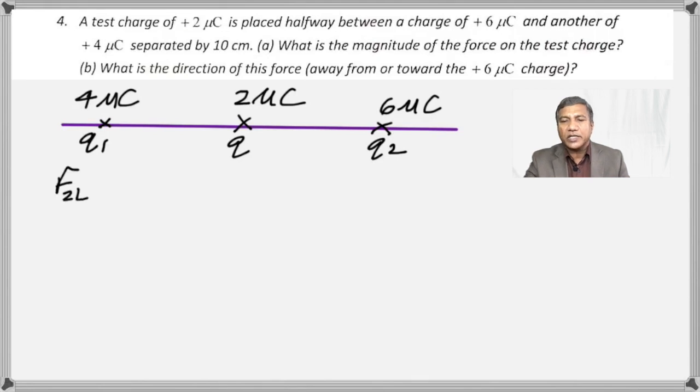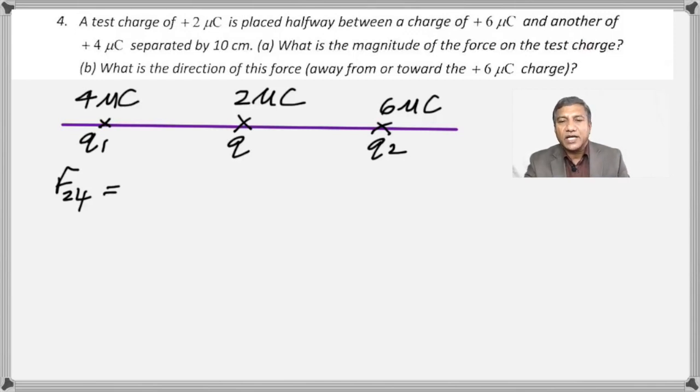So now when I write F 2, 4, that's the force on the test charge by the 4 microcoulombs. The 4 microcoulombs is positive, the test charge is also positive, which means there is going to be a repulsion. So the force on the test charge is going to be away because it's going to be repelled.